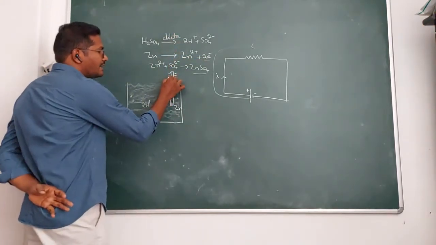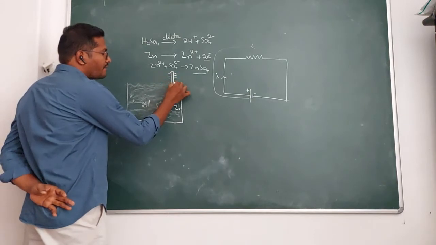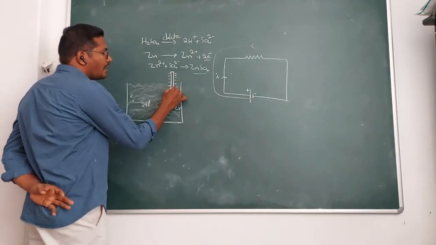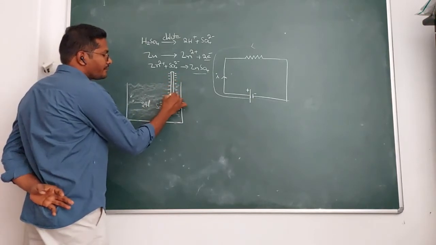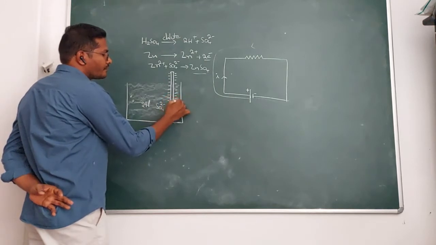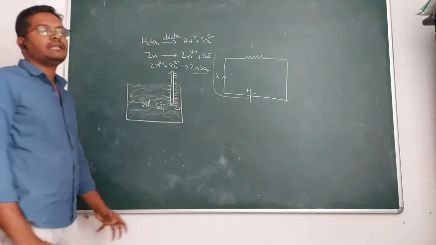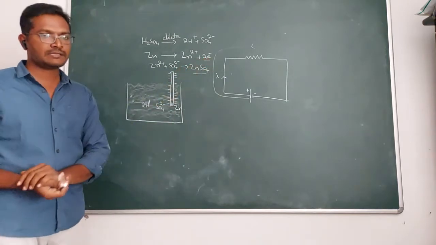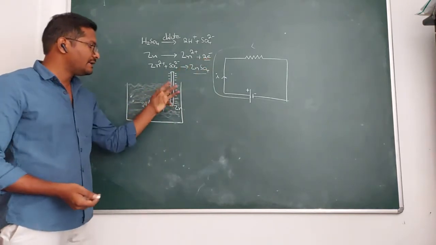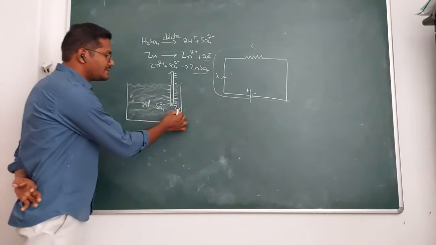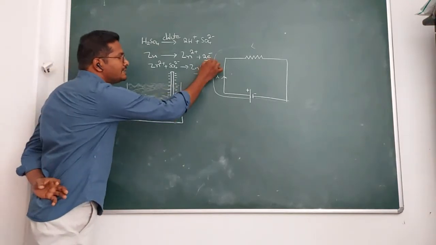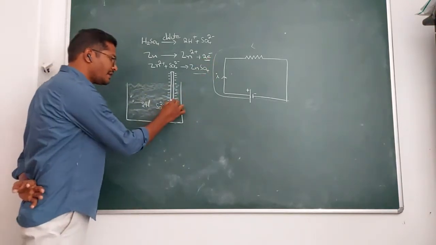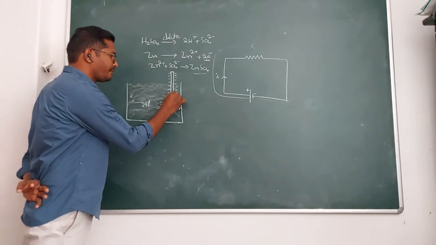Likewise, so many electrons are released from Zn, and by releasing these electrons, Zn becomes Zn plus.